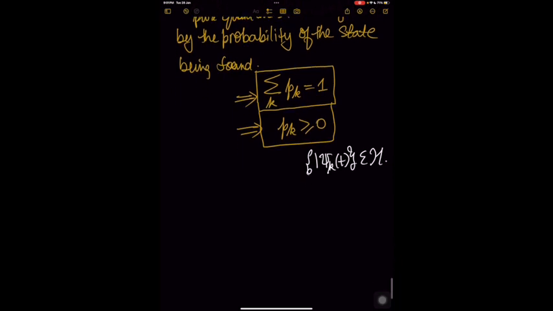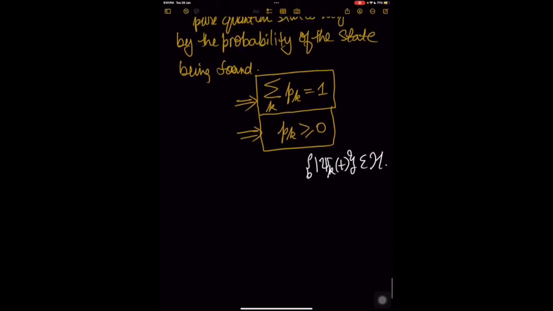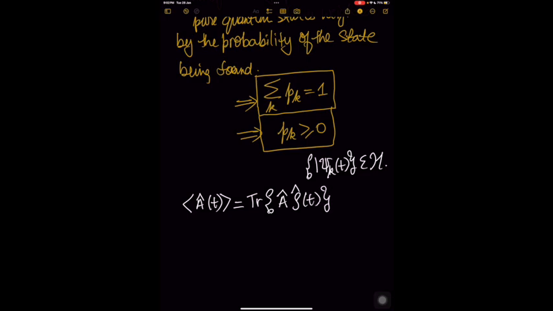So now, the selling point to this is that when you calculate the expectation of the same observable A, which is in the Hilbert space, you can do it using the trace of A hat rho hat t, or equivalently the trace of A hat t rho hat, which I haven't proved to you guys.